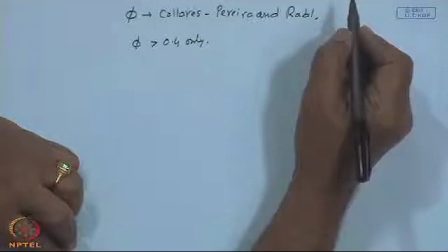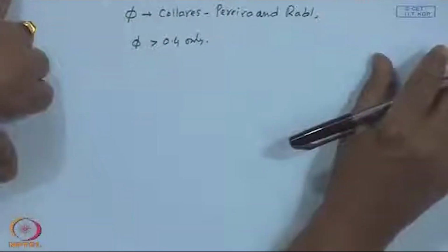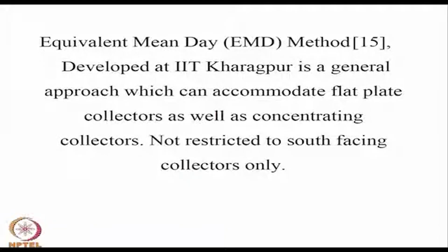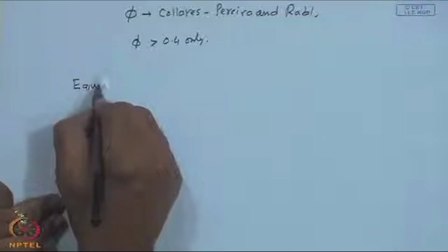So, the argument sometimes given is that solar collectors are likely to be efficient, economically viable only if the utilizability is high. So, a method to evaluate utilizability when it is higher is acceptable. Finally, the work at IIT Kharagpur proposed an equivalent mean day method.